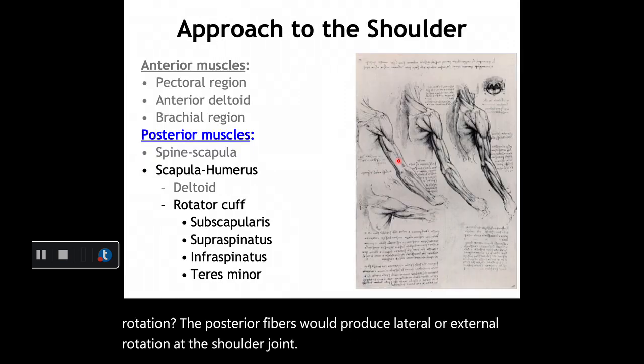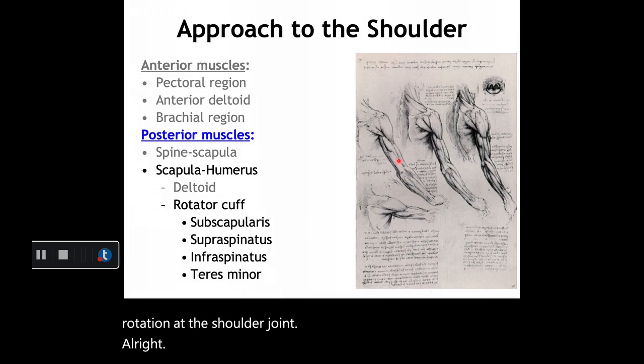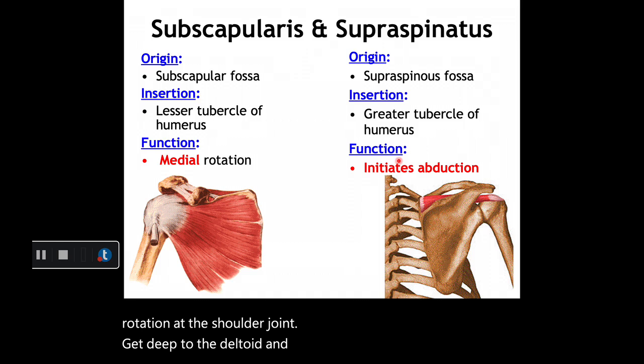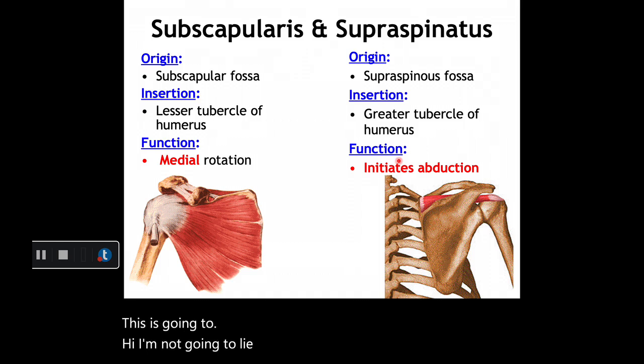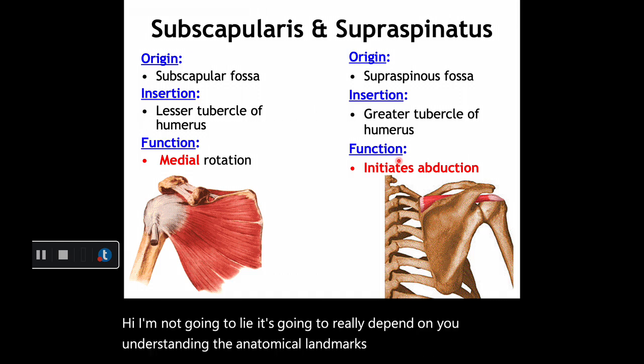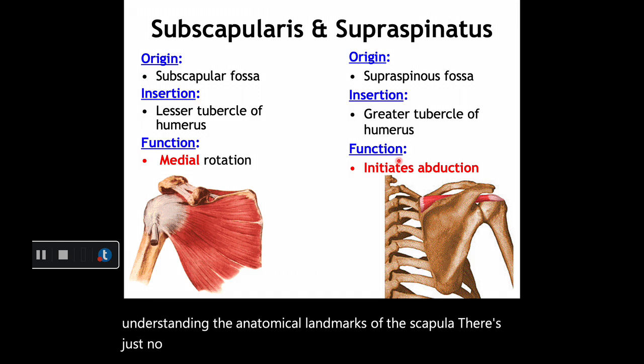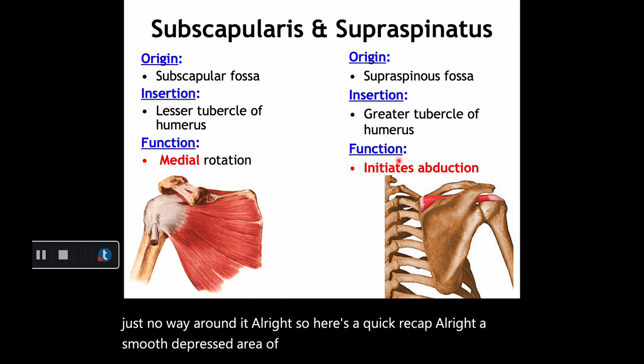All right. Get deep to the deltoid, and really on the scapula. I'm not gonna lie to you, it's gonna really depend on you understanding the anatomical landmarks of the scapula. There's just no way around it. All right. So here's a quick recap. A smooth, depressed area of bone is typically called a fossa.